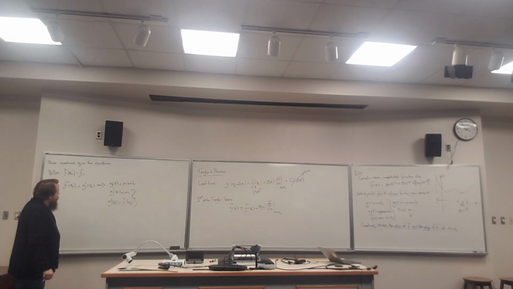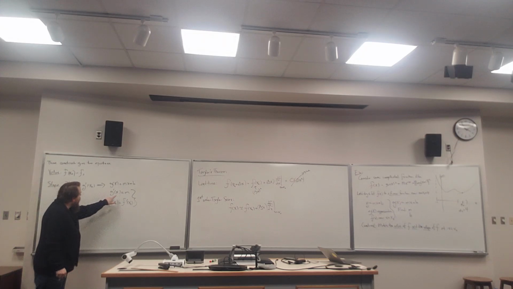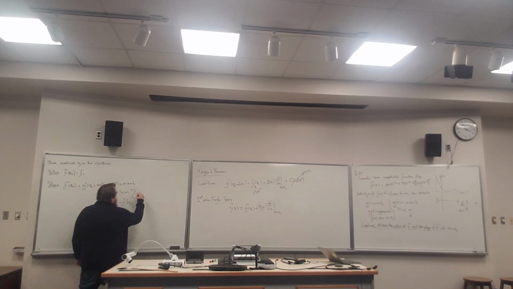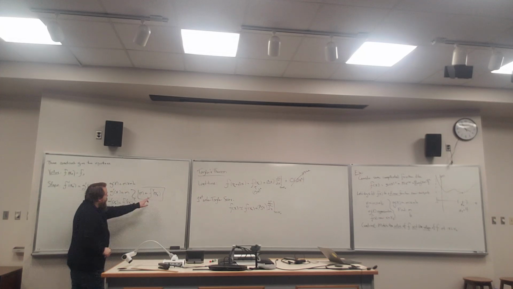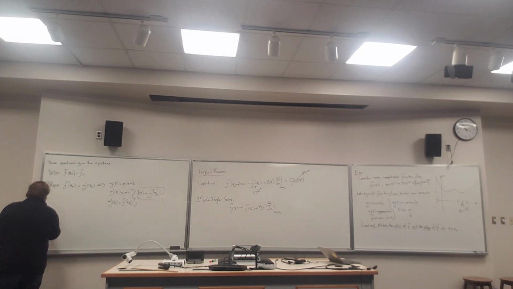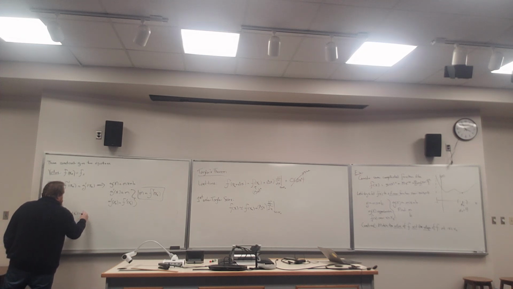Right away, these two equations tell us that g prime equals m, and g prime also equals f prime. So right away we have a formula that m has to equal f prime of x naught, where this is a derivative we would compute by hand. So f prime of x naught is equal to 2 times sine of x naught times cosine.